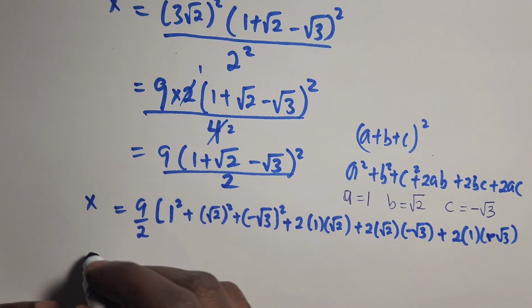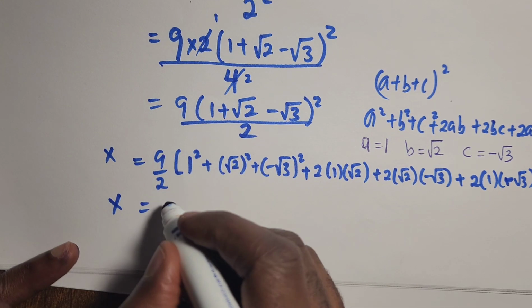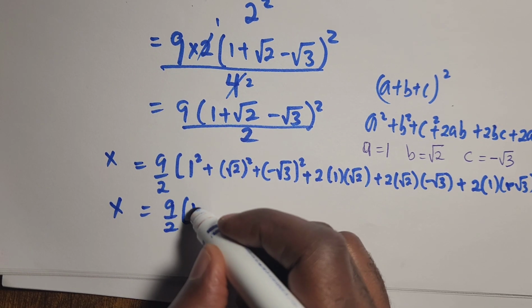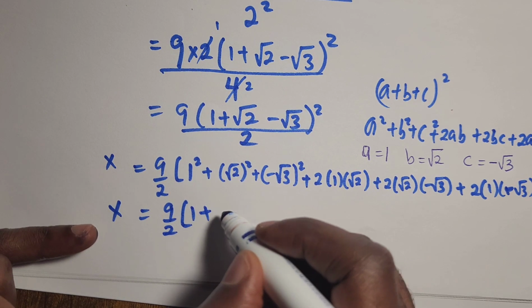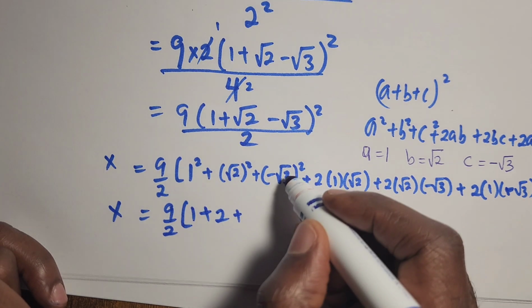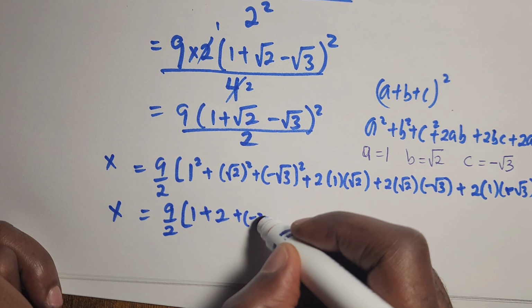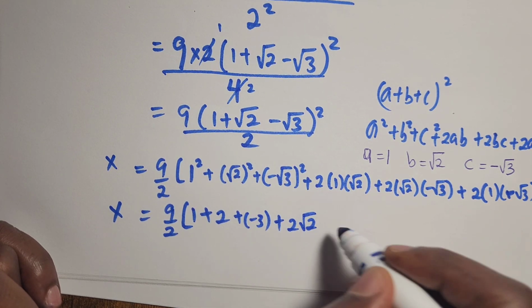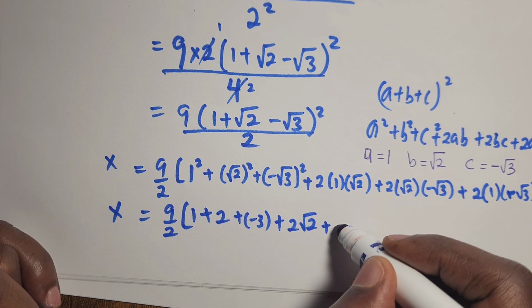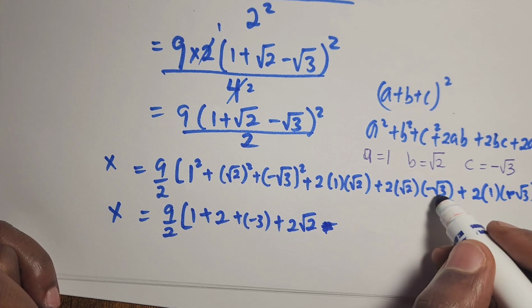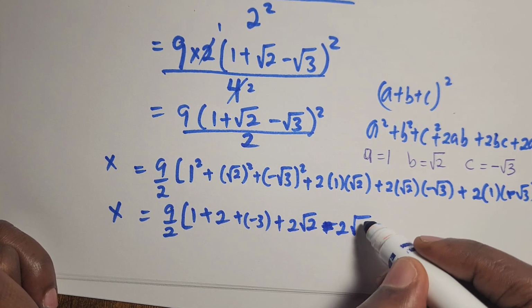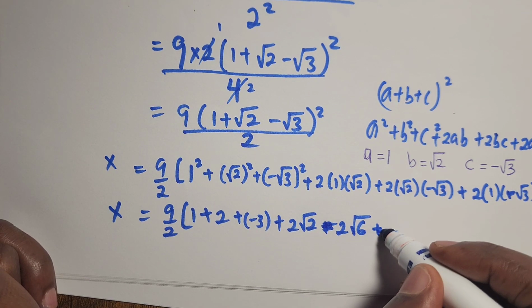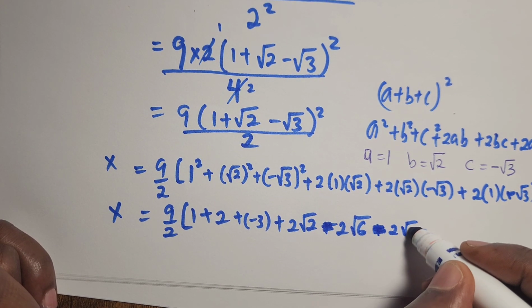And here, my x is going to be 9 over 2. 1 squared is 1. Root 2 squared is 2. This is going to be negative 3. Plus 2 root 2, plus times minus is minus, 2 root 6, plus times minus is minus also, 2 root 3.